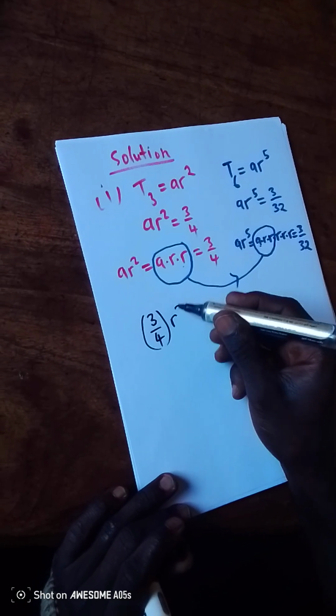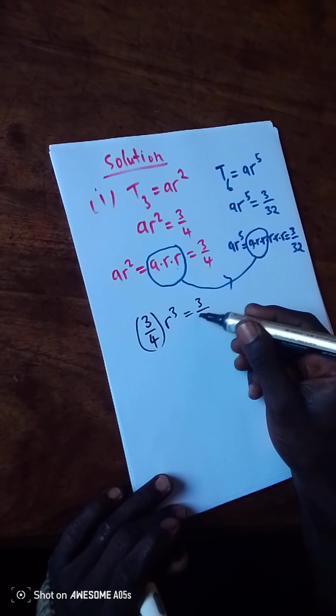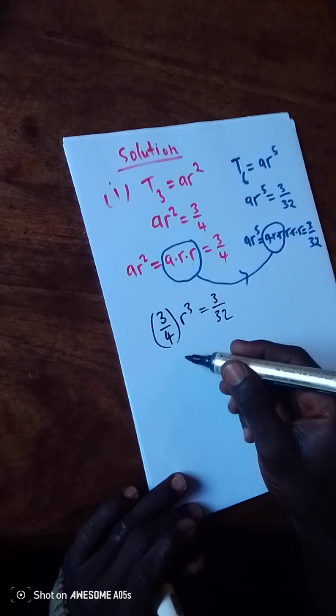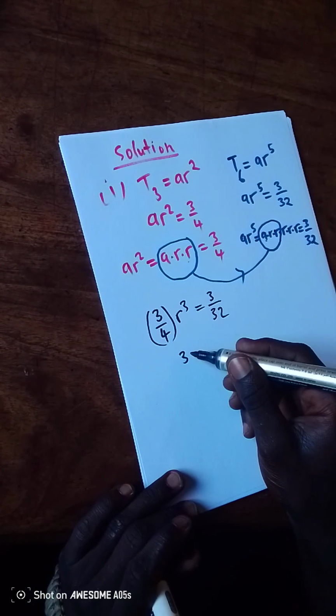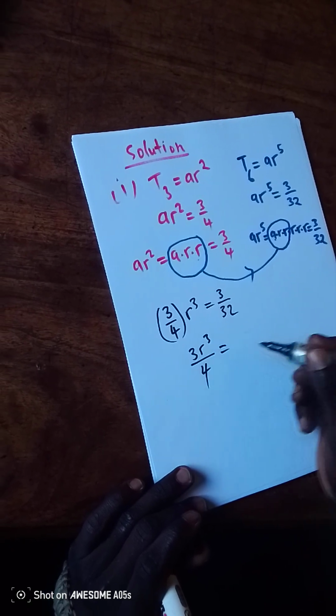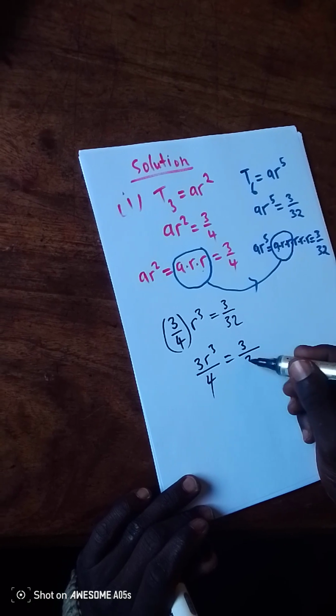So it is R power 3, which is equal to 3 over 32. Just to rewrite this part, it can also be written as 3 R power 3 over 4, equals 3 over 32.